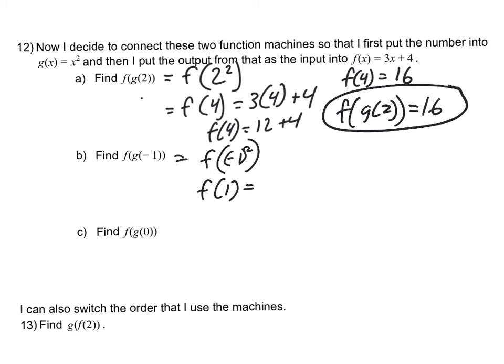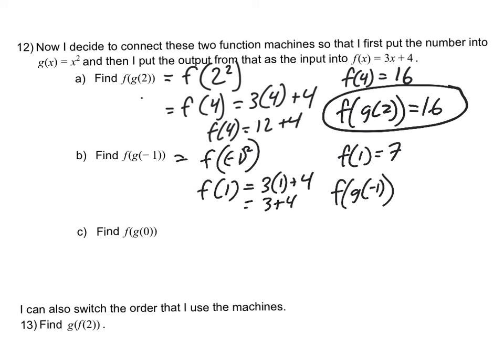I now take 3x plus 4 again, 3 times 1 plus 4. So f of 1 equals 3 plus 4, or f of 1 equals 7. So once again, I've been told to find f of g of minus 1, then I should write that down. I found f of g of minus 1 is equal to 7.